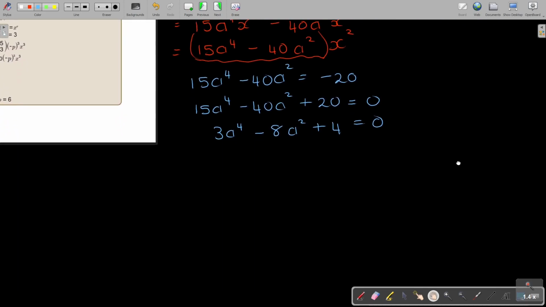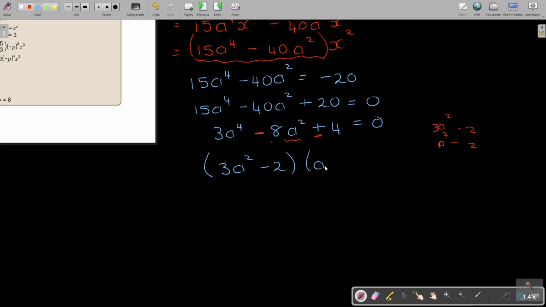Now I'm going to factorize it. So let's see, it's 2 and 2 and 3 and 1. It's going to be 6 plus 2, and that will be 8. And the signs are the same, so both will be negative. I'll take a² and a², so basically it's (3a² minus 2)(a² minus 2) equals 0. Let's put both to 0.